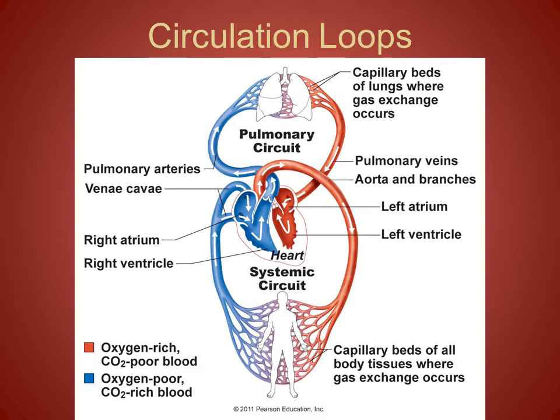It drops off the CO2, picks up the oxygen, returns to the heart via the pulmonary veins. It now flows into the left side of the heart, so left atrium to the left ventricle and then out the aorta. The aorta is now going to feed the blood to the systemic circulatory system. So it's basically systemic circulatory system to the right side, to the pulmonary circulatory system, to the left side. And it just continues and rotates in this closed system.